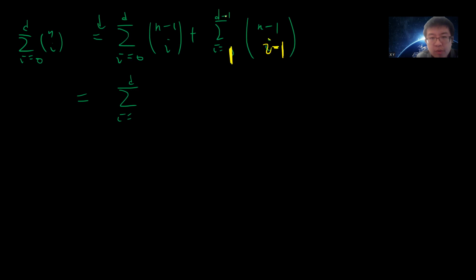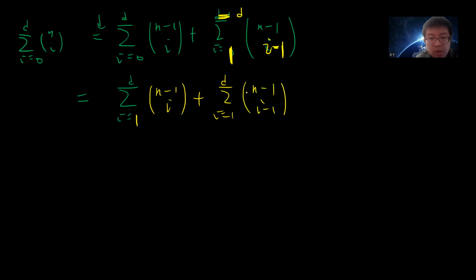So I get i from 1 to d. I change this to be the sum from i equals 1 to d of n minus 1 choose i, plus the sum from i equals 1 to d of n minus 1 choose i minus 1. But in this case I need to add one term, right?